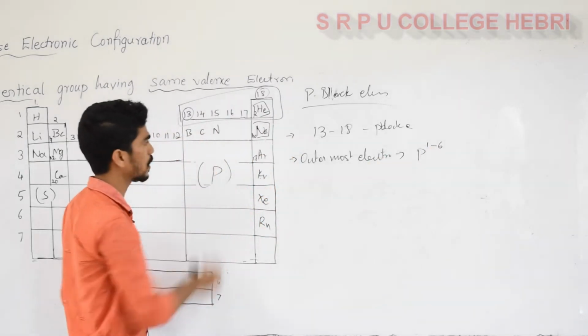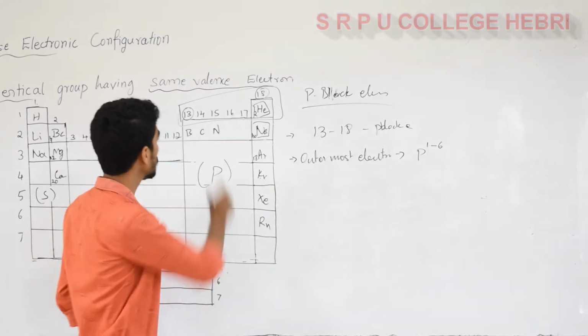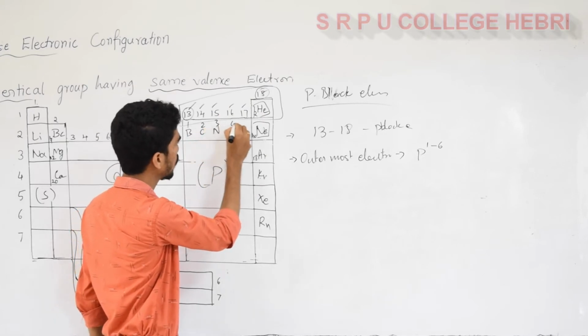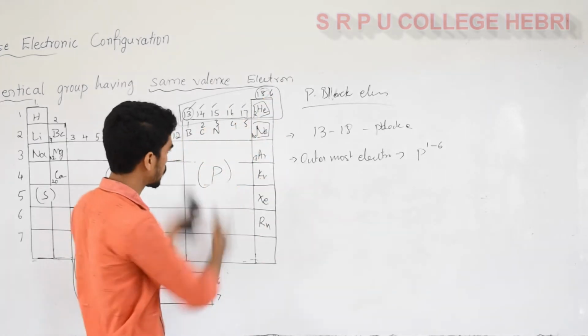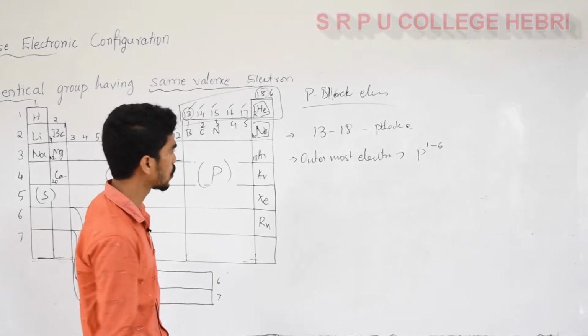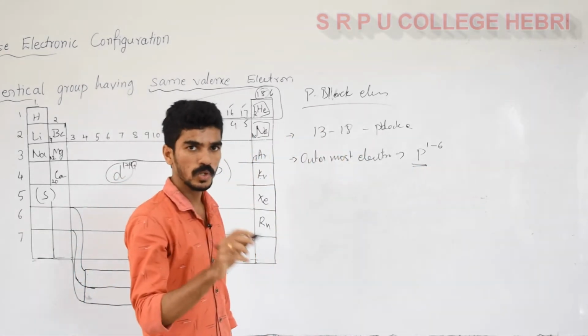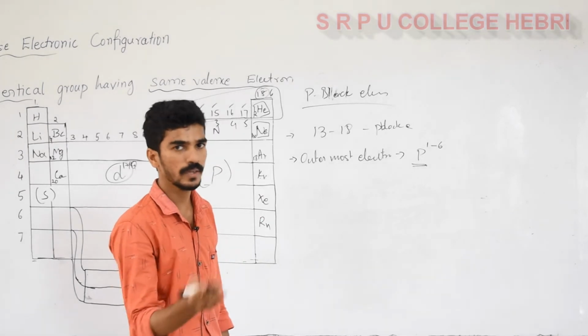See the groups also: I told you 13 to 18. Count these: 13, 14, 15, 16, 17, 18. Here 1, 2, 3, 4, 5, 6. That's why 6 groups will come. So the P orbital fills starting from 1 to 6. Only 6 electrons; 7 is not possible.